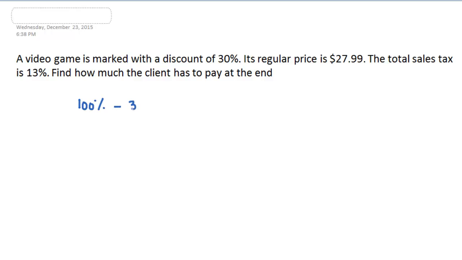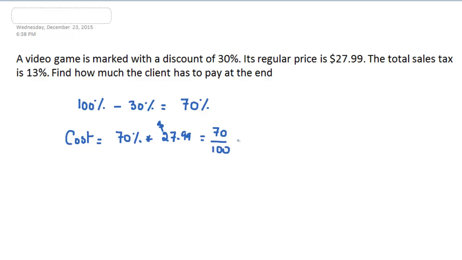That means I'm gonna remove 30%. That means the buyer will buy the 70% of the price. So the cost is gonna be 70% of $27.99. I can transfer the 70% to a fraction, or I can transfer it to decimal.